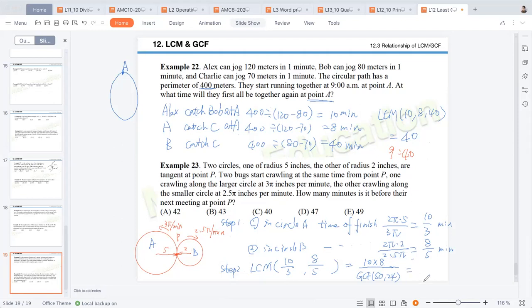So the greatest common factor of these two numbers is 2. And the product of the numerators is 80. So I need 40 minutes to meet again. Okay. We use the greatest common factor of the two.